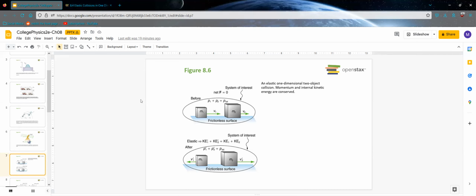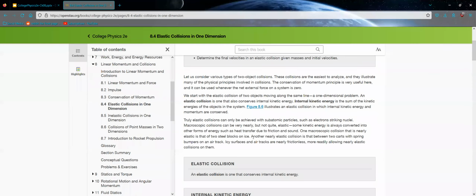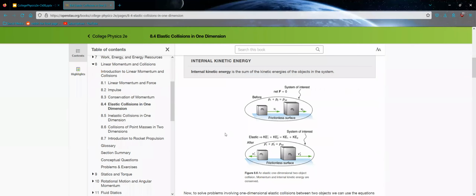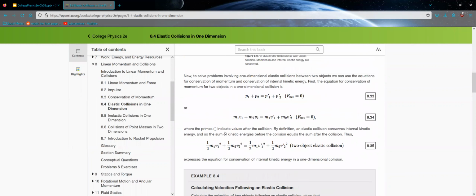However, all momentum either party had at the start needs to total into the new momentum at the end, which is what's shown here in these example equations. Momentum P1 plus P2 is equal to your new momentum. So your total change in force is 0, total change in energy is 0.